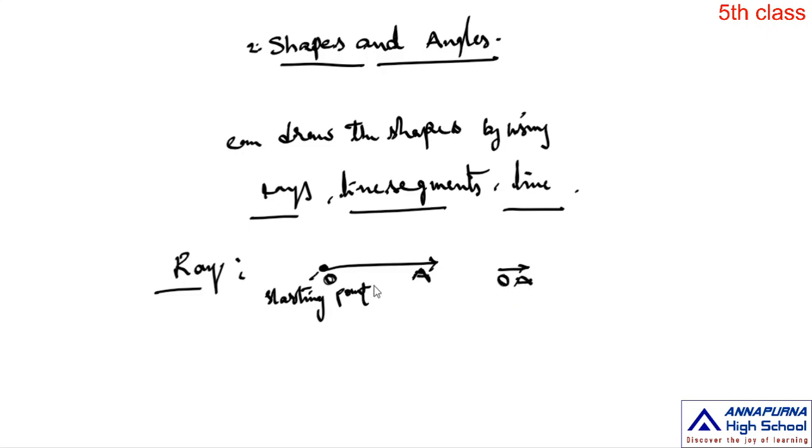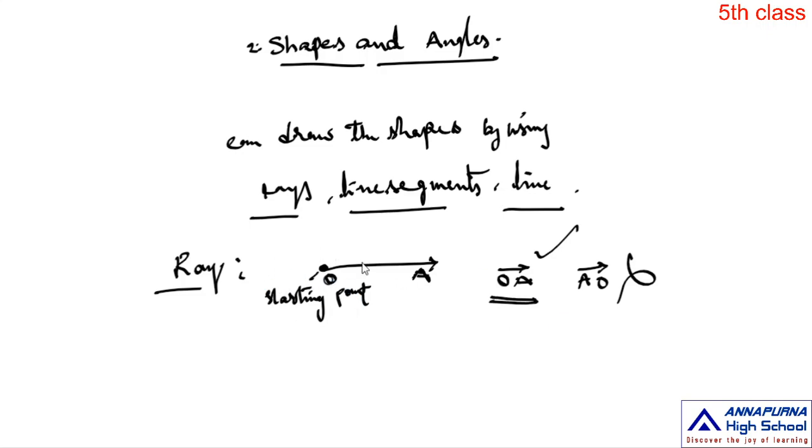When you denote the ray, you should not represent it as AO. So this is the wrong representation. This is the correct representation. Why? Because the first letter denotes the starting point. Here the starting point is O. Therefore, you should denote it as ray OA. So this is the correct way of representing.